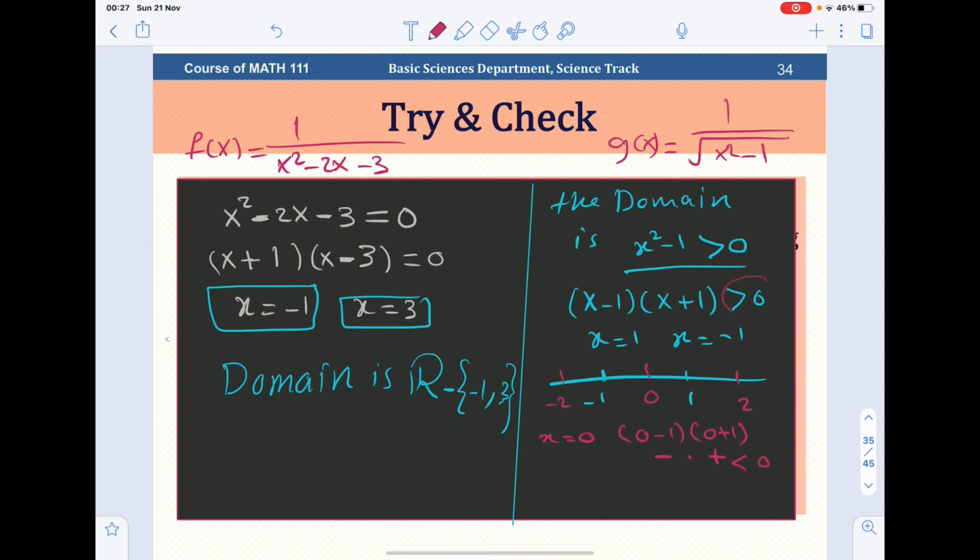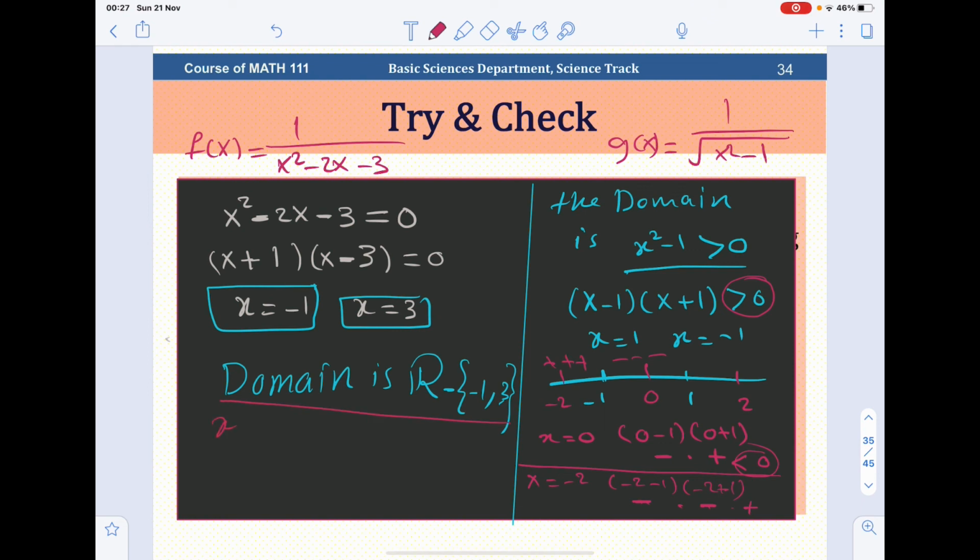So this conflicts with the original condition, so I'm not going to pick this one. Here is negative, so I'm not going to pick this one. We're going to try the other values. When x equals negative 2, it would be negative 2 minus 1 times negative 2 plus 1. Here is negative times negative, which is positive. So the value over here is positive.